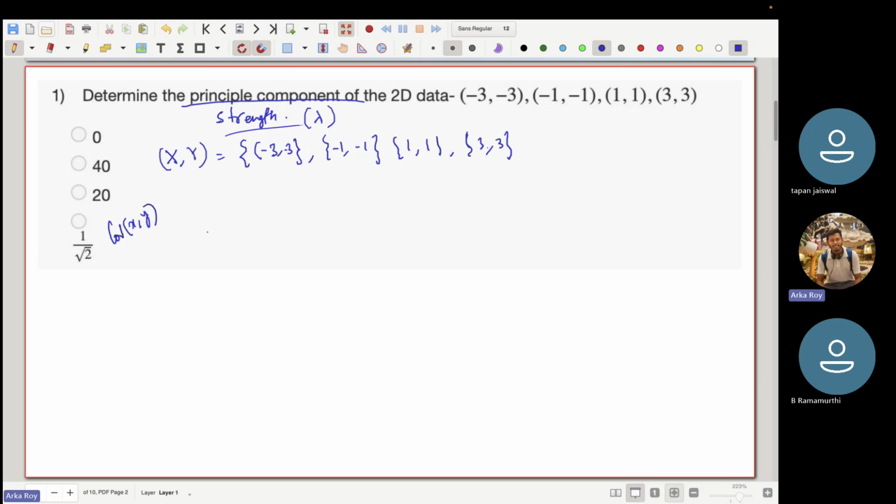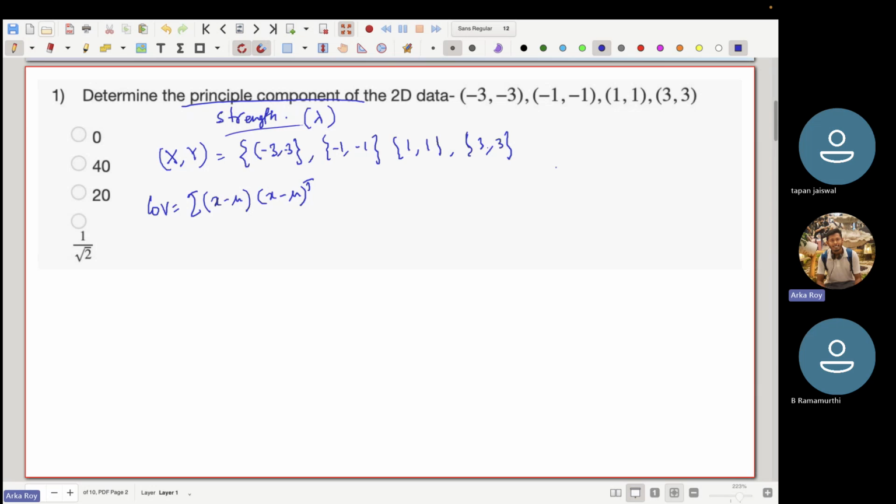The formula to generate the covariance matrix is covariance equals x minus mu times x minus mu transpose. And because we have been given a pool of data, we have to take the summation of all these cases.